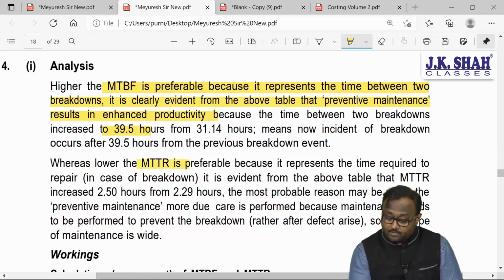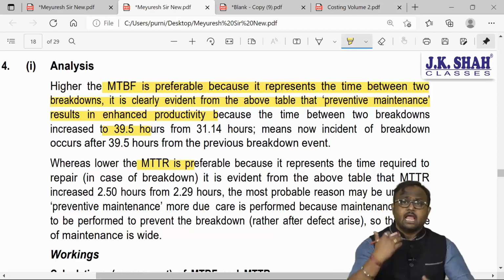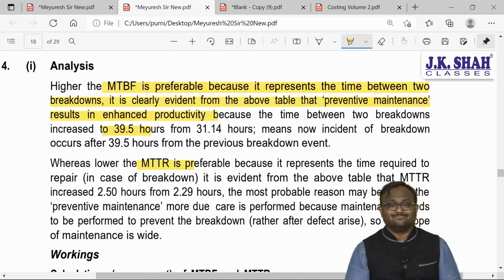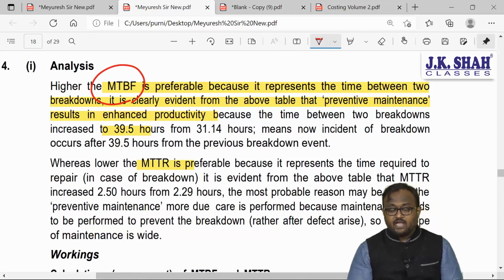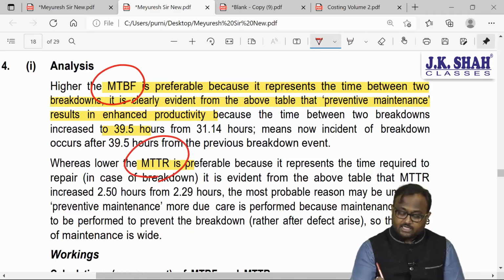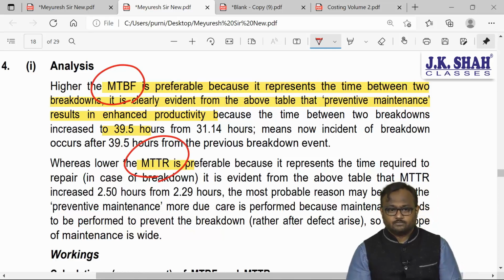Whereas lower MTTR is preferred. Why? Because you will repair the situation faster, you will recoup the situation faster, you will restore the situation faster, and you will start continuing with the production. So if I consider MTBF, new situation is better. If I consider MTTR, old one was better.